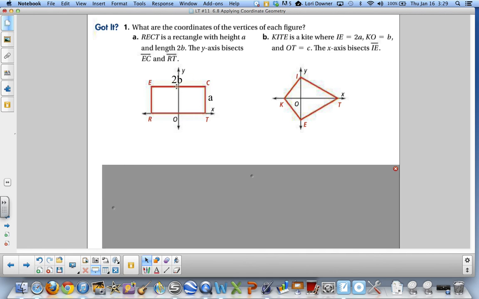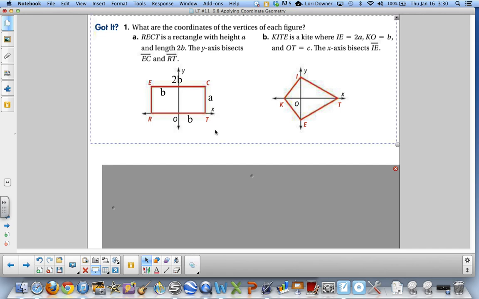All right, you can see that with a length here of 2b, to get to T, I go to the right b units, because I have a b here, a b there, and a b here. So I went b units to the right and 0 units up or down. So point T is going to be at (b, 0).